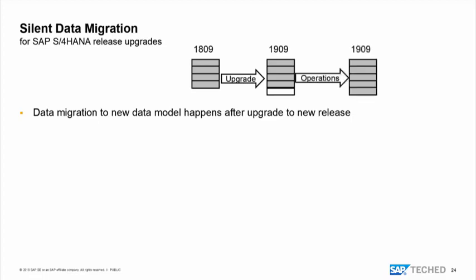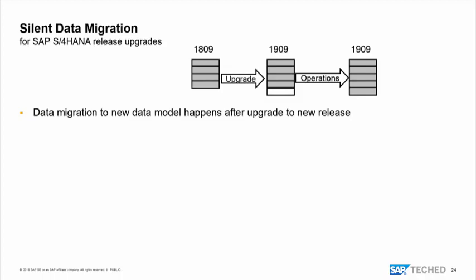Let's assume the source system is on 1809. And again, this concept is only relevant for upgrade, not for conversion. And we have a table, a simple table, with four fields. They are filled, that's why they are shown in gray. Then the Software Update Manager will do the upgrade, and the new data model of 1909 says there is an additional field for this table.